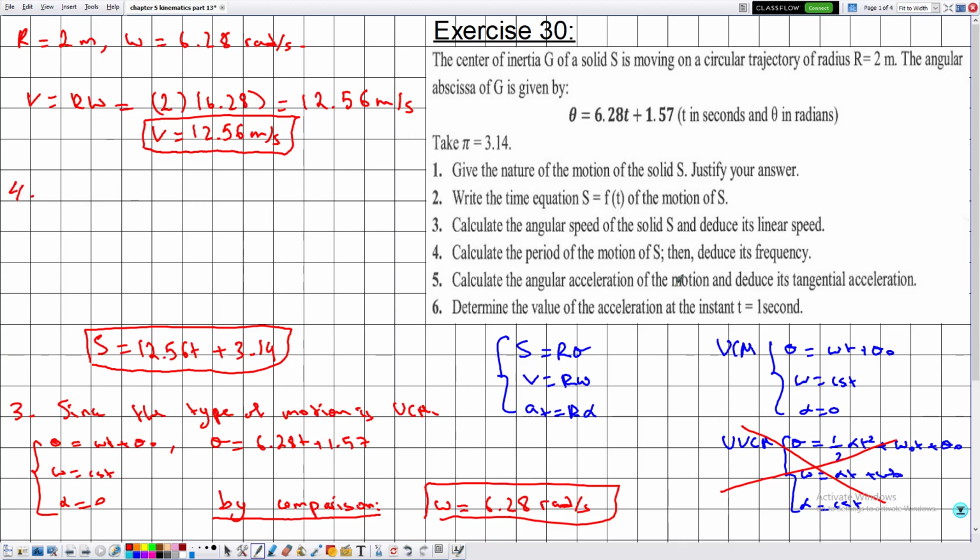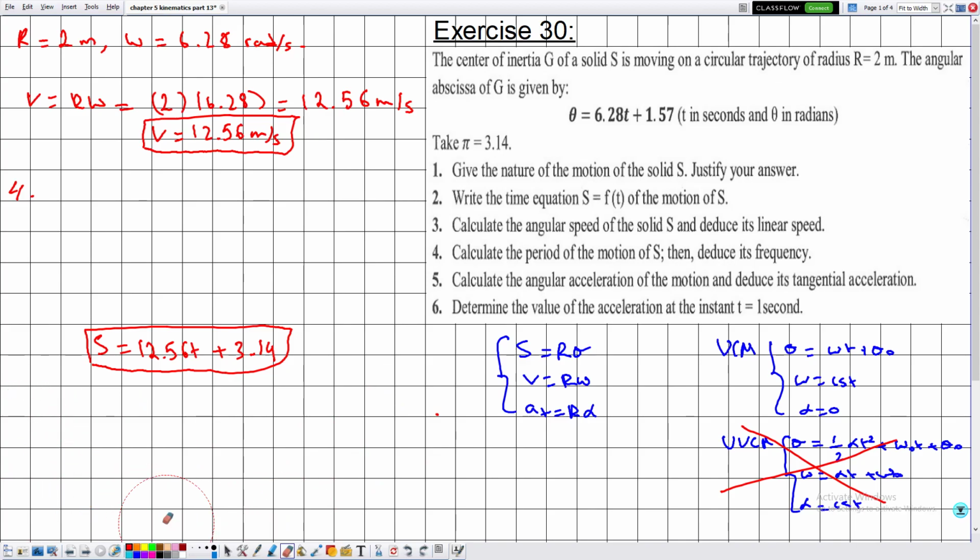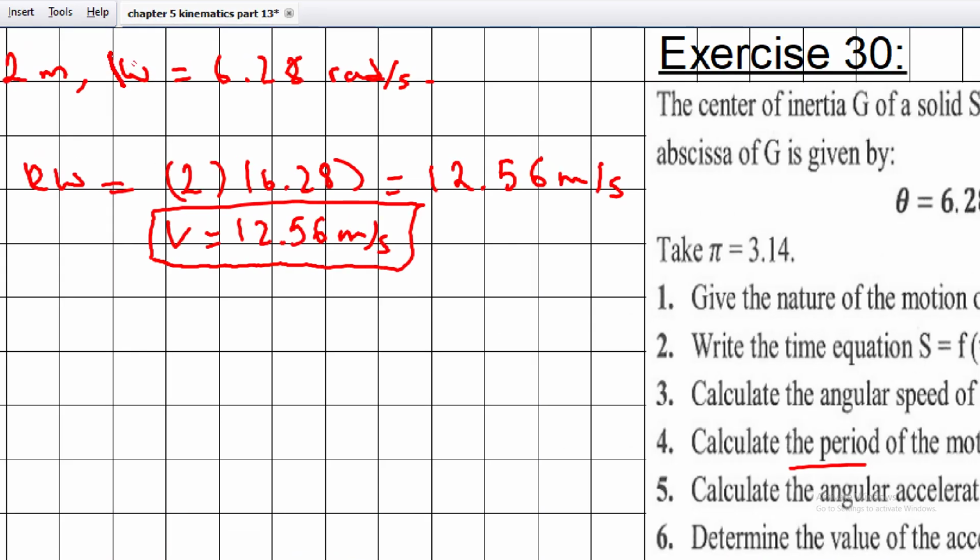Now in part 4, they are telling me to calculate the period of the motion of S. In addition to these formulas, we know that omega is equal to 2 pi f, which is equal to 2 pi divided by T, and f is equal to 1 over T. We are interested in determining the period, knowing the value of omega.